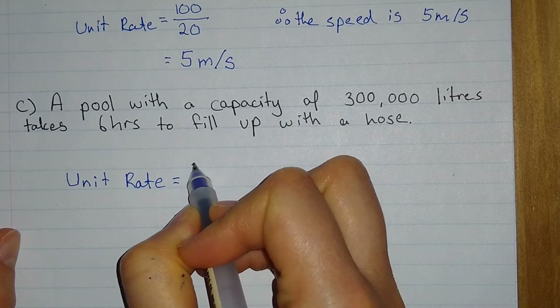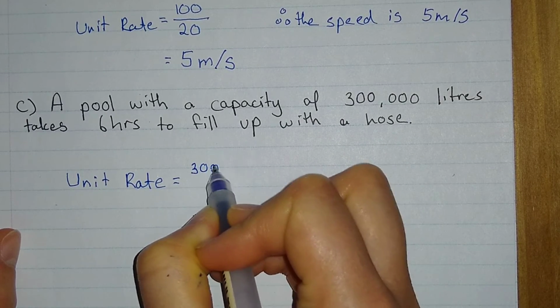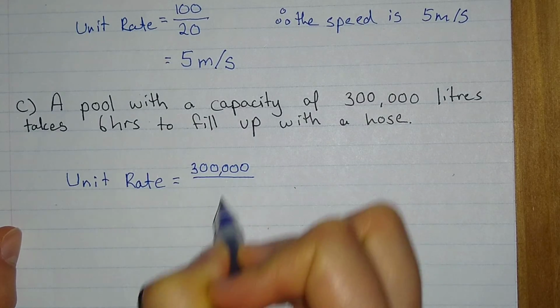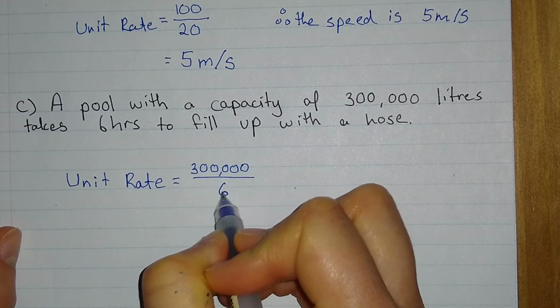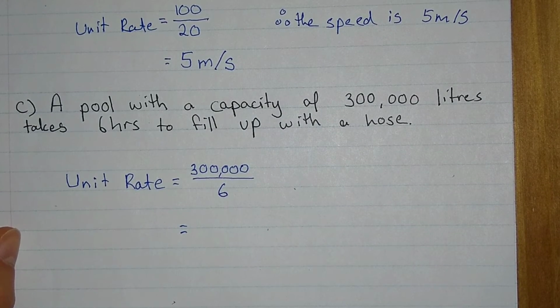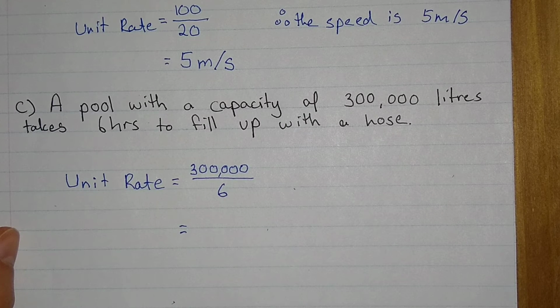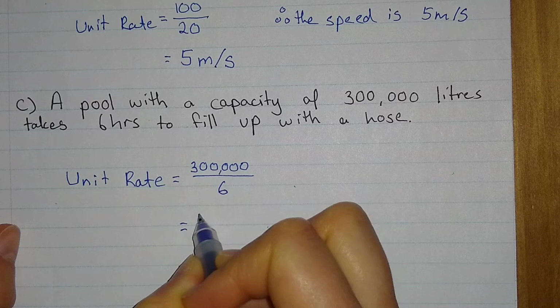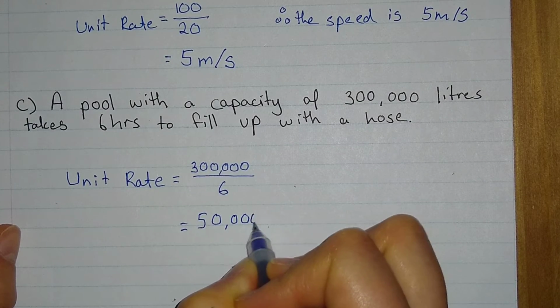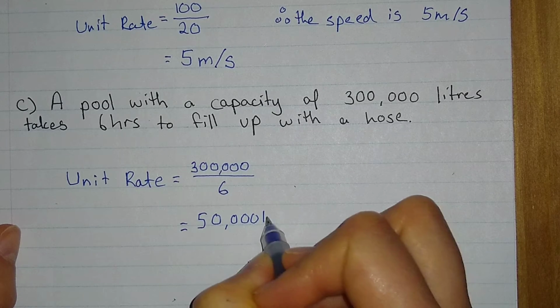So we'll take 300,000 liters on the top, and we'll divide it by 6 here, and 300,000 divided by 6 is 50,000. So the unit rate is 50,000 liters per hour.